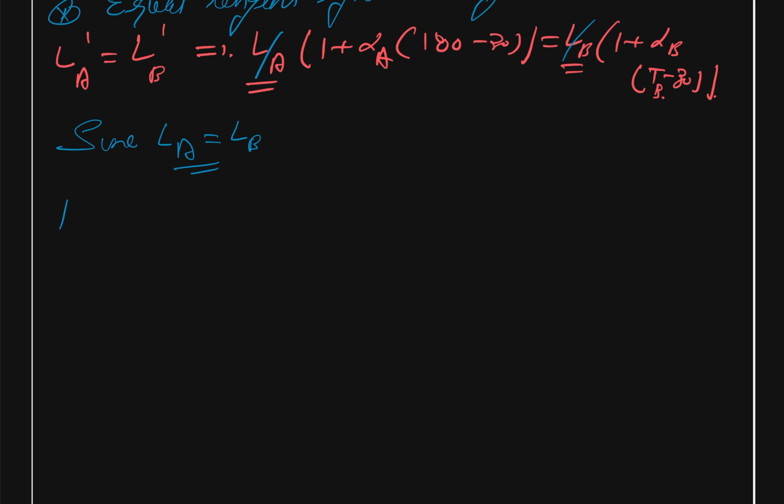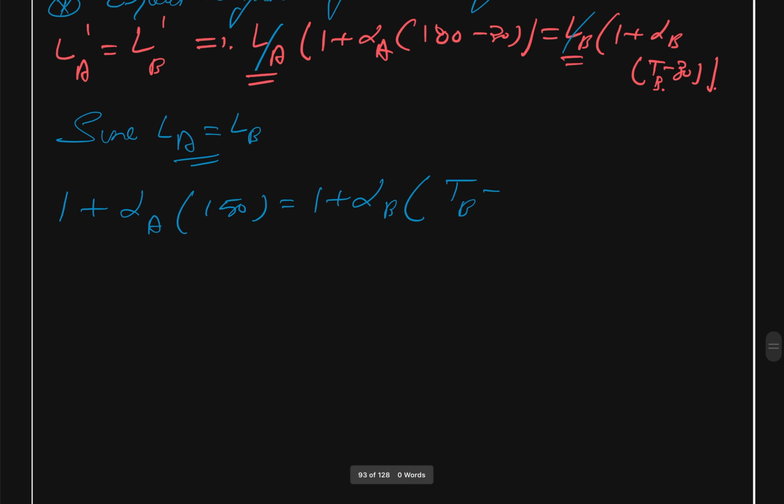So we get 1 plus alpha A times 150, 1 plus alpha B, temperature of, sorry, it is mentioned that T, so we can substitute here T minus 30, and this 1 and 1 cancels out.